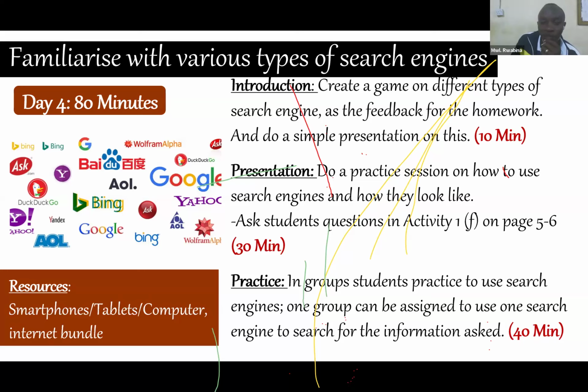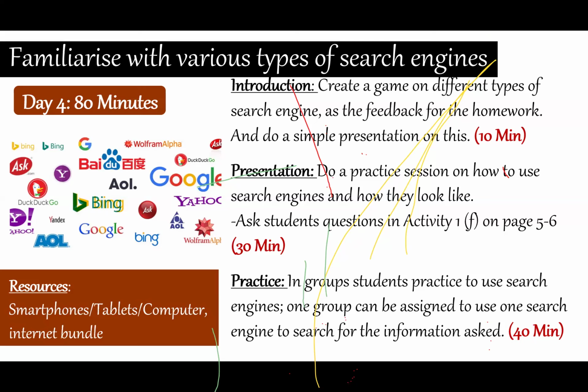I thought that currently most families have at least a smartphone, or at least a neighbor may have one. So I was thinking that when the presentation has been done in class, depending on how students have participated, we can send them home, because they can't possess smartphones at school.